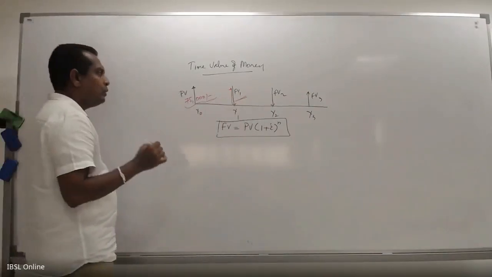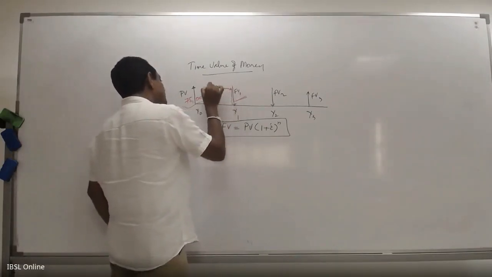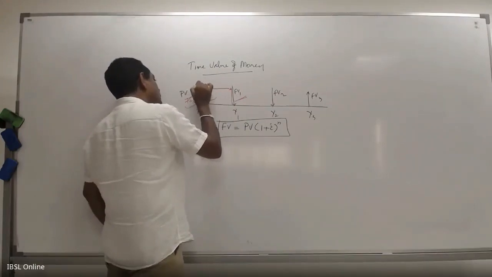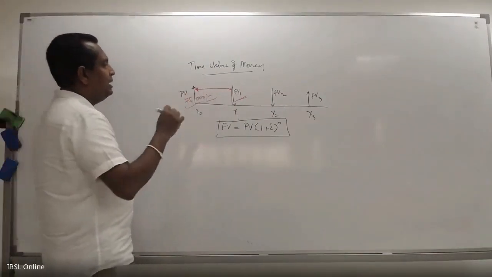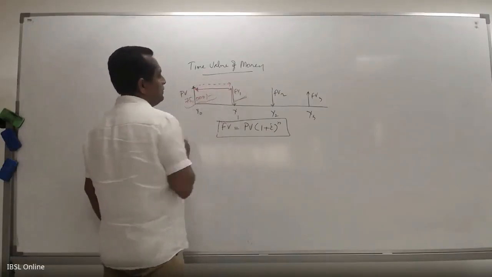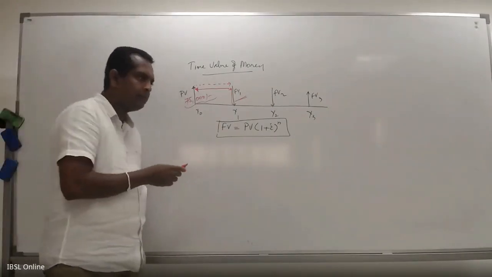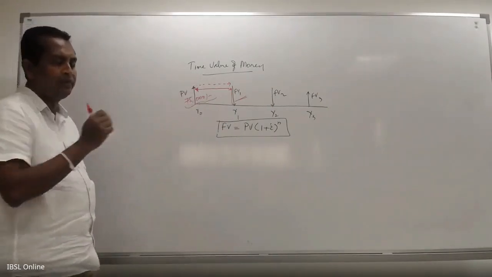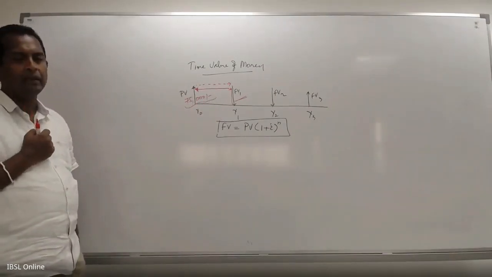So, in order to compare this, you have to bring down this future value to today's value. What we did earlier, we have today's value, we work out the future value. Now, it says, I will give you 100,000 after 1 year, or you have the option of taking 75,000 today.